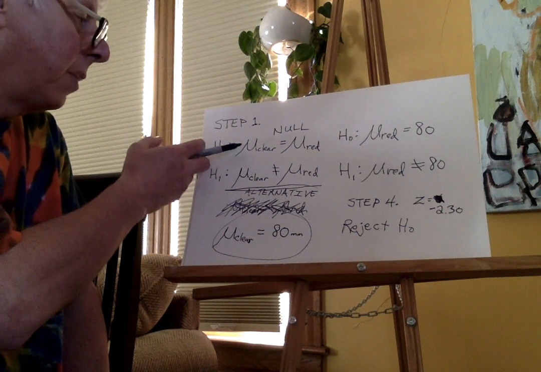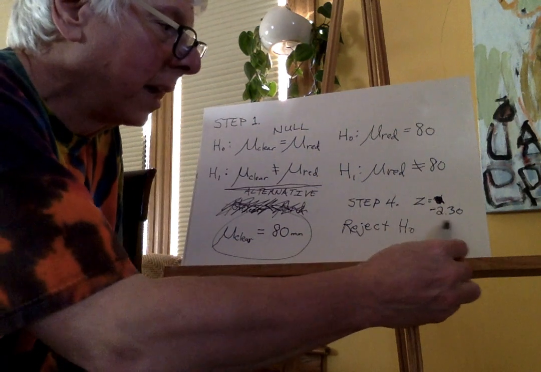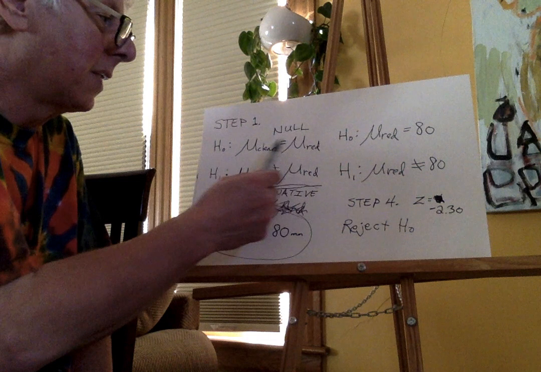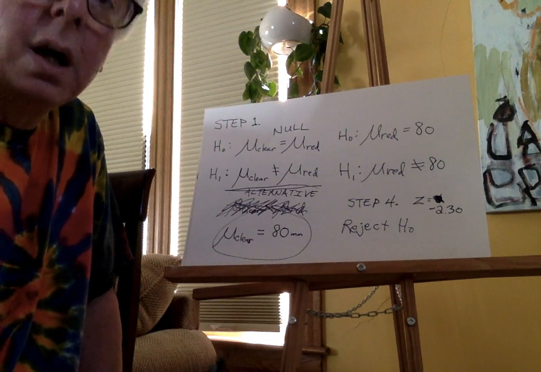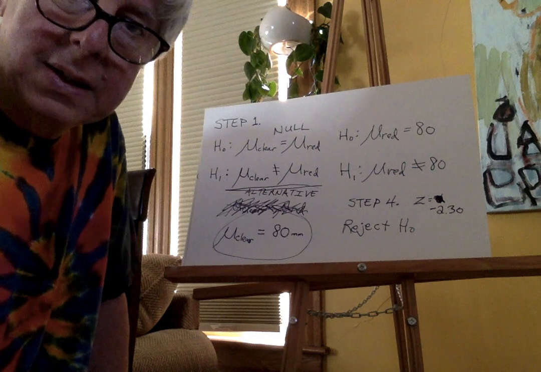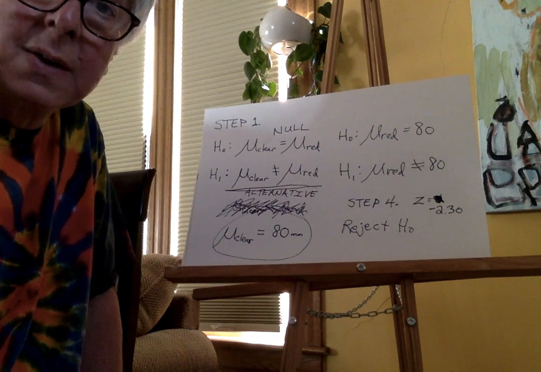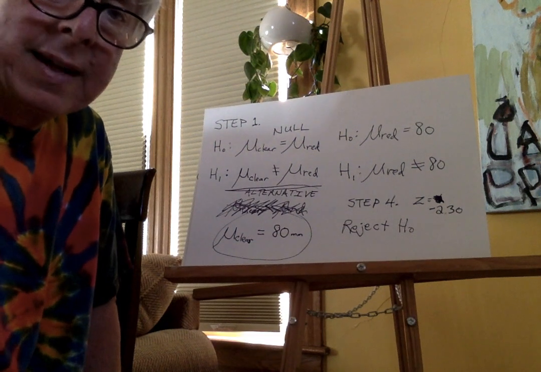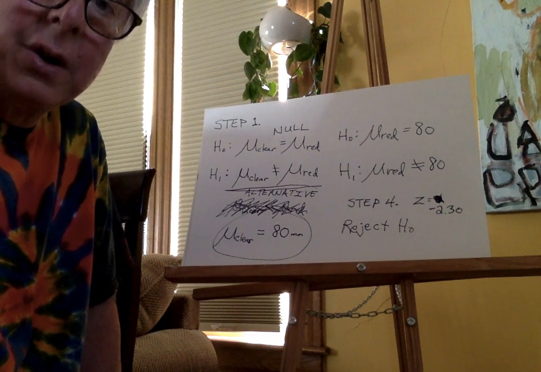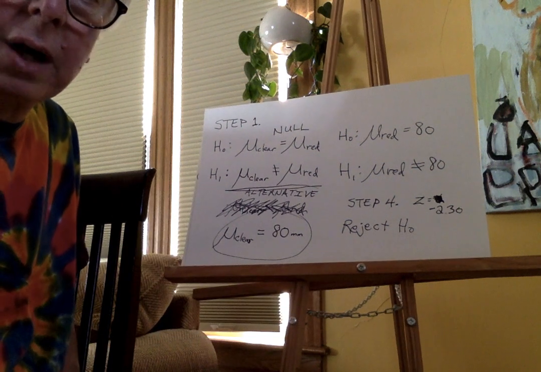I'm going to say, I don't think this is the case, based on the fact that if this were the case, I would expect the z-score for my red group to be less than 1.96 and greater than negative 1.96. I'd expect it to be in the middle. In this case, it certainly wasn't. So I am rejecting the null hypothesis.